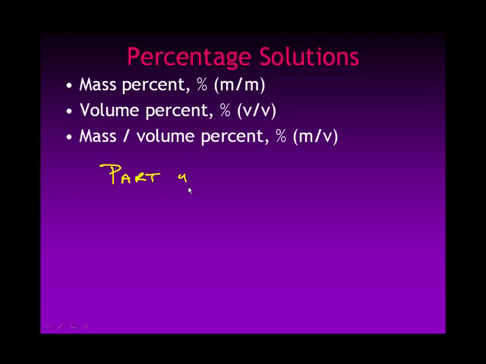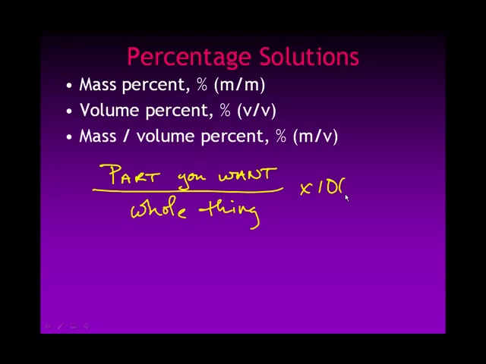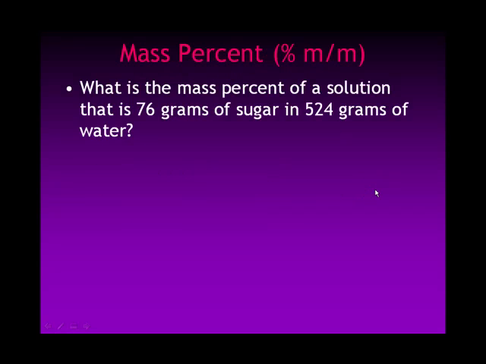It's the part you want over the whole thing times 100. That's going to get you a percent, no matter what class you're in, chemistry, math, sales, shopping. So the part you're looking for divided by the whole thing times 100 will give you the percentage.